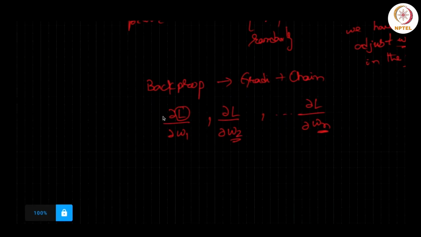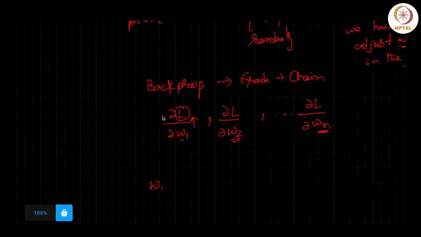Intuitively, if this is a high value, that means weight 1 contributed a lot to this loss. It had a huge role in increasing that loss. That means you have to adjust that weight by a lot, right?